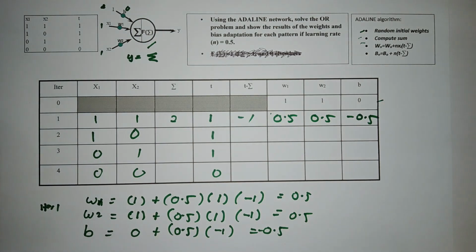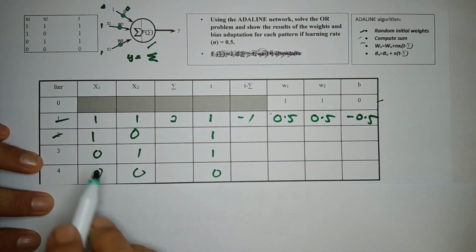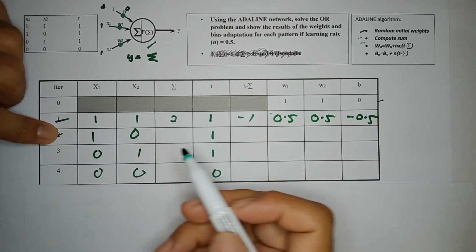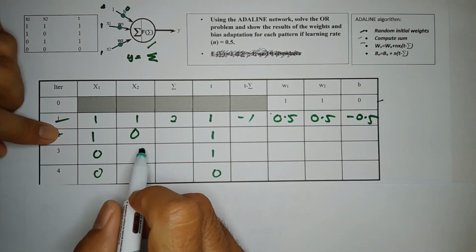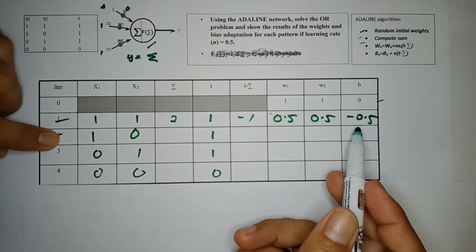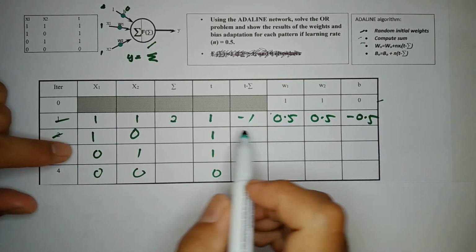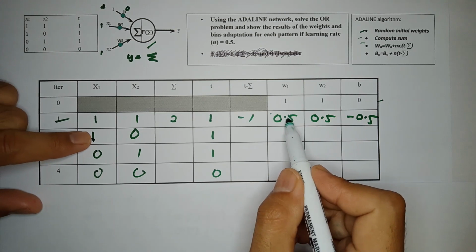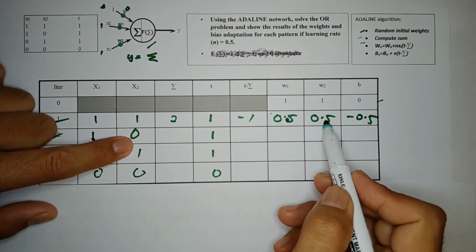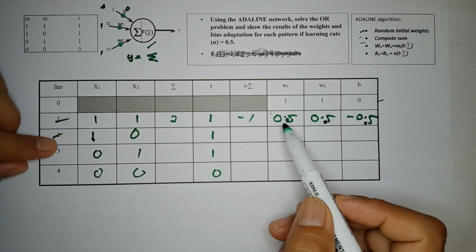Okay. So now let's move on to the second iteration, which is 1 0. So for the 1 0, first we do the summation based on the given values of W1, W2 and bias. In general, this part will be multiplied with this part, plus this part multiplied with this part, plus -0.5.